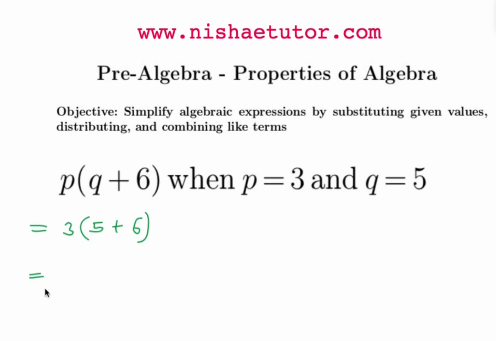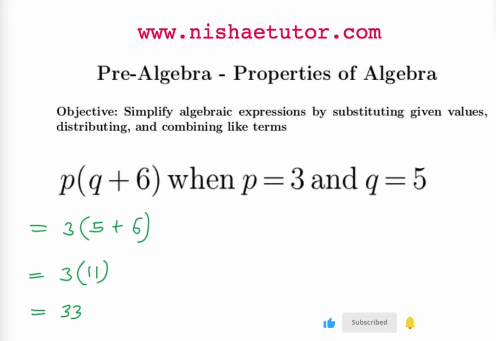I already made a video on the PEMDAS topic, so please must watch before doing this one. Okay, so here first solve the parenthesis according to PEMDAS. So 5 plus 6 is 11, and then multiply. So 3 times 11, 33 is the answer.